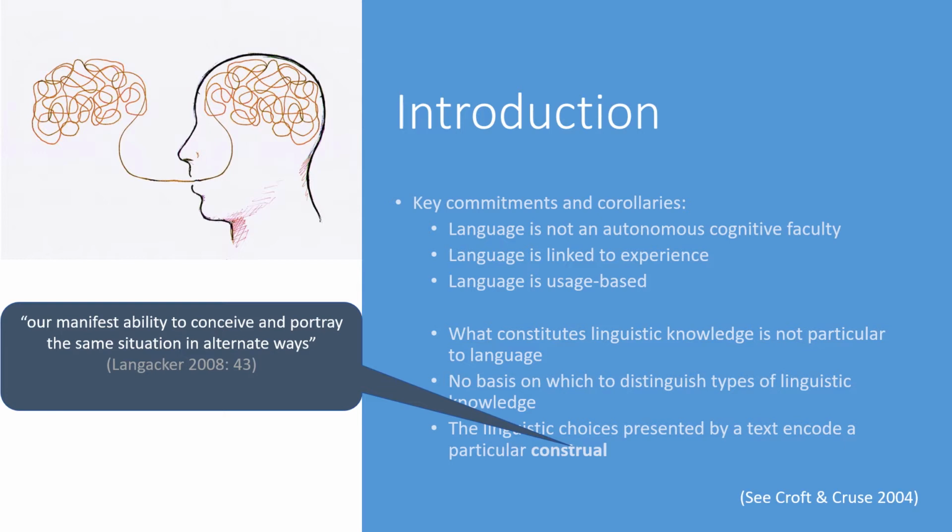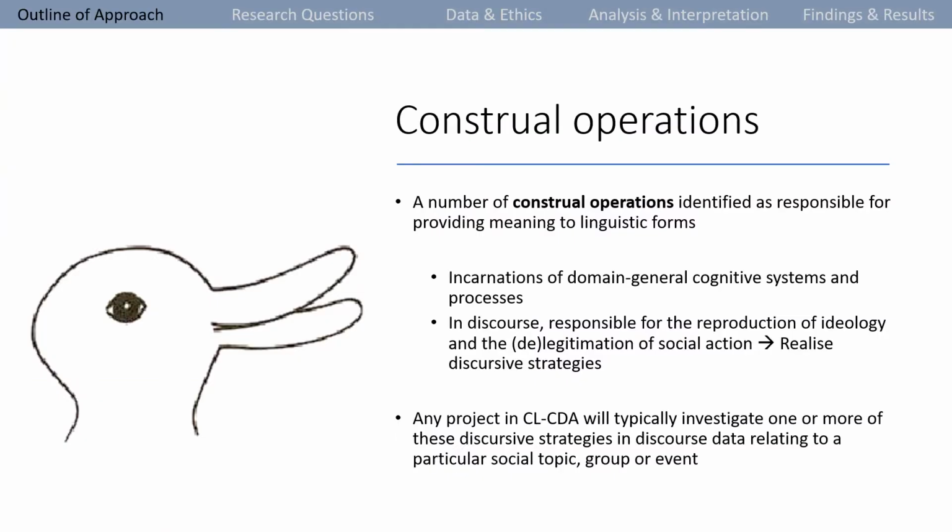The aim of cognitive linguistic CDA is then to delineate the conceptual parameters along which ideology and the legitimation of social action are enacted in particular discursive contexts. And here a number of construal operations, different meaning-making processes cued by linguistic forms, are identified as relevant, as responsible for providing meaning to linguistic forms.